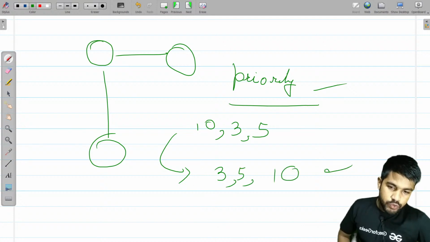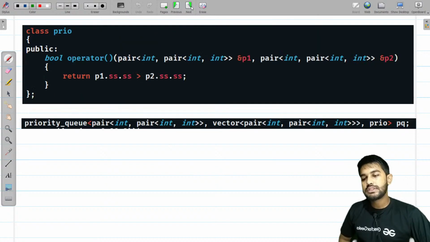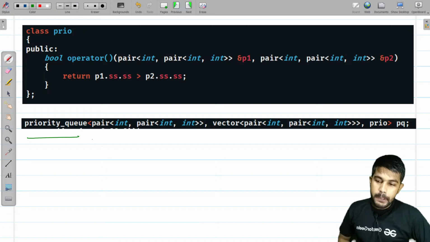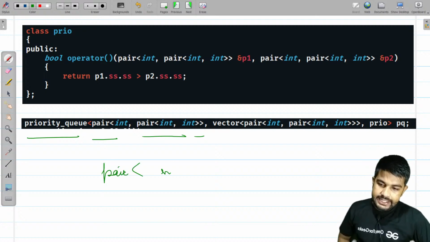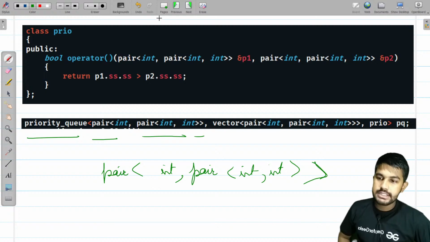Moving forward. So what I am doing is a priority queue of pair of int and pair of int. This is known as nesting of the pair.